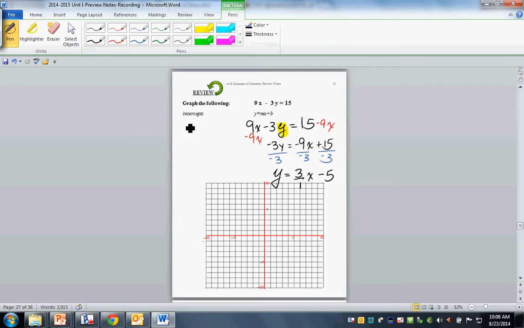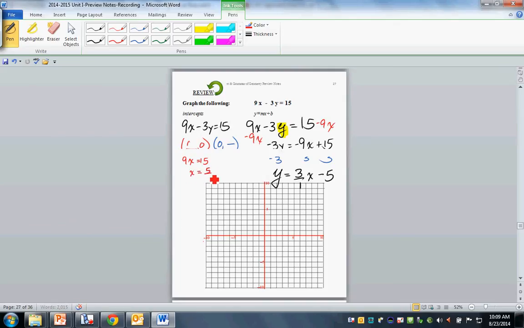Or I could have used intercepts, which would have looked like this. If I have 9x minus 3y equals 15, and my intercepts, I'm going to go blank, 0, and 0, blank. So if I put a 0 in the y, I end up with 9x equals 15.